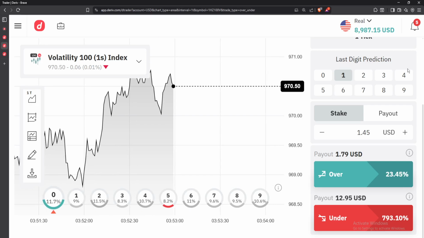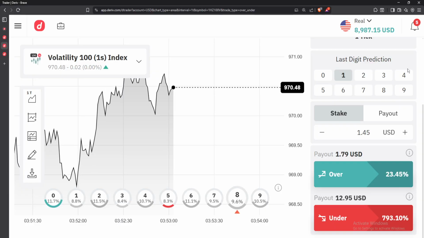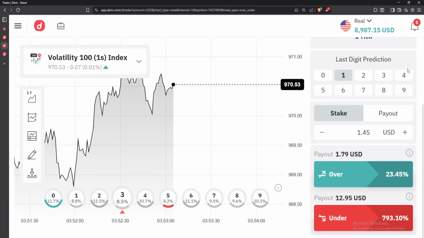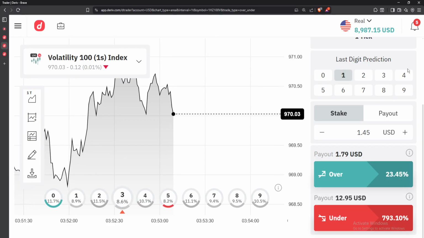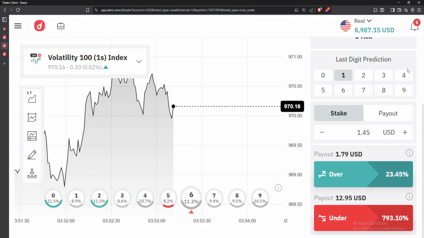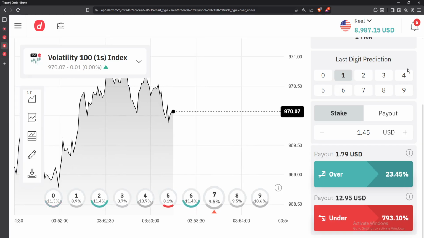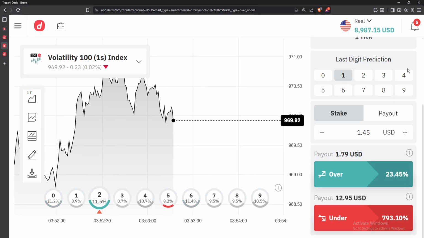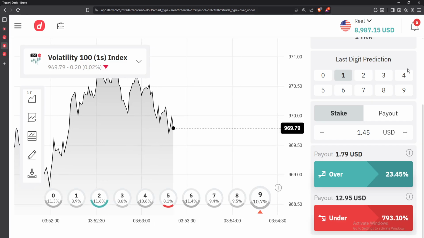You can start with a small account and you grow it. 2% of my account is about 179 USD. So whatever account you have, if you do 2% of your account and you see it is below 0.35 USD, try to at least find more capital so that you can apply this risk management. Because this will make you avoid blowing your account.